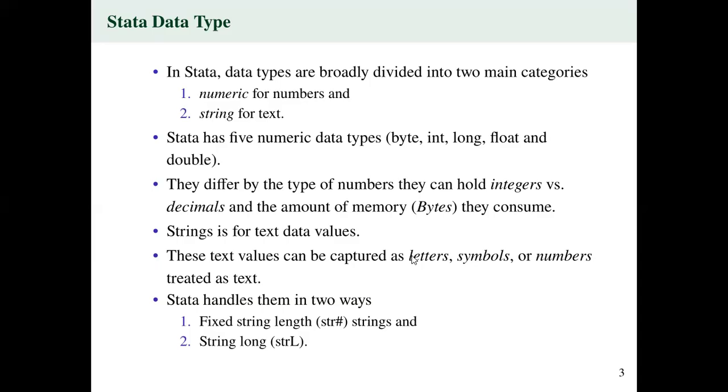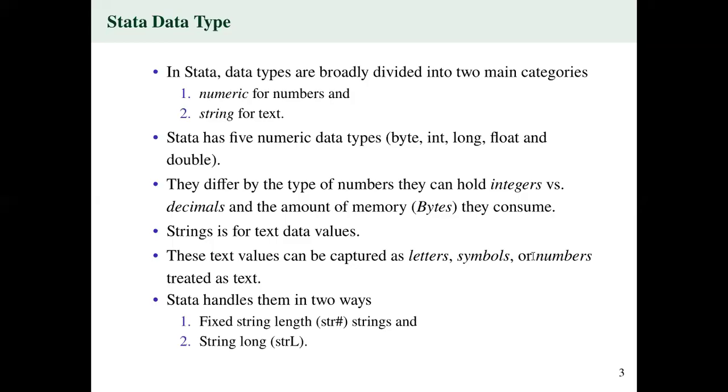Also symbols, like at, like $, like comma, and any other character which is not a text or number, we call them symbols, will also be captured in string format. But also numbers as well, because you can capture numbers in string format.